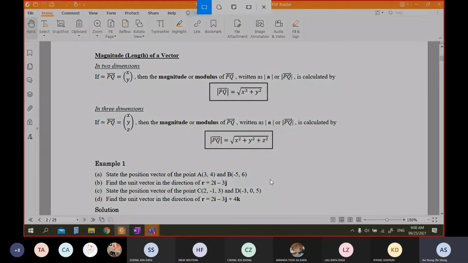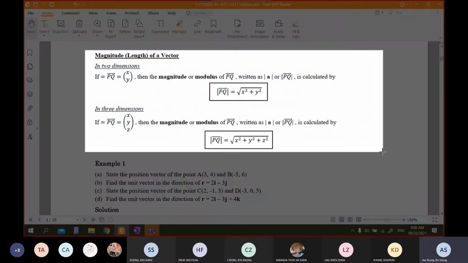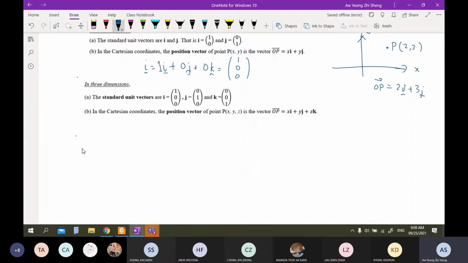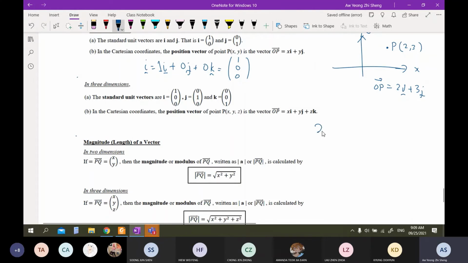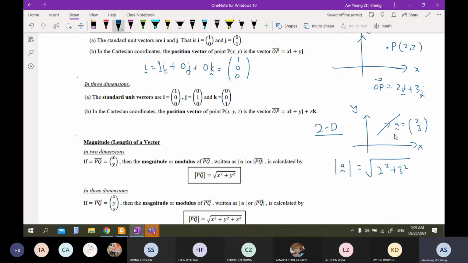Length of a vector in 2D, everyone knows. If I have a 2D vector, let's say this vector A is the vector (2, 3), then the length of A is just the square root of 2 squared plus 3 squared. It's just an application of Pythagoras theorem.